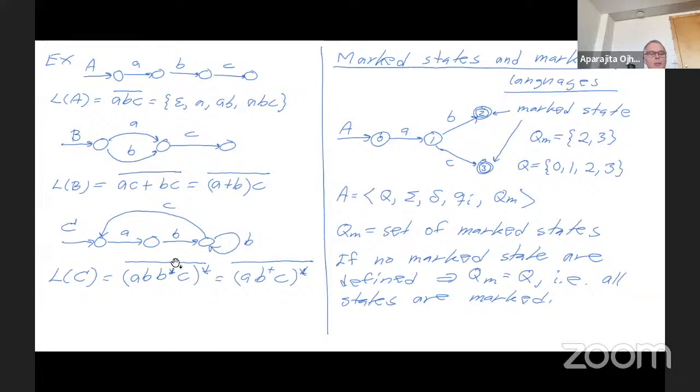And then you take all prefixes of this, and you get the complete language of this automaton. Now you see that B star can also be expressed as B plus. So the language of this automaton is actually A, B plus, C, and then a star operator on that, and all prefixes.